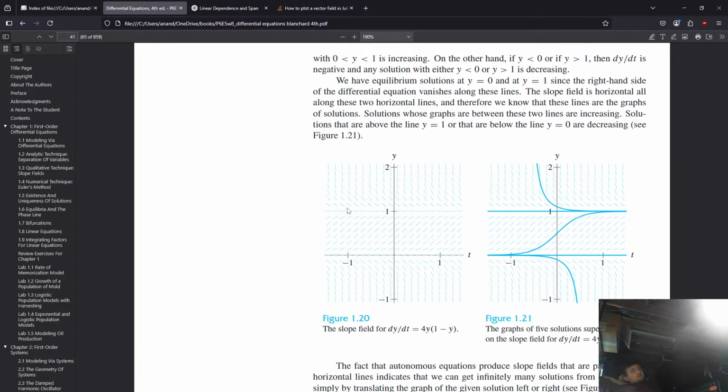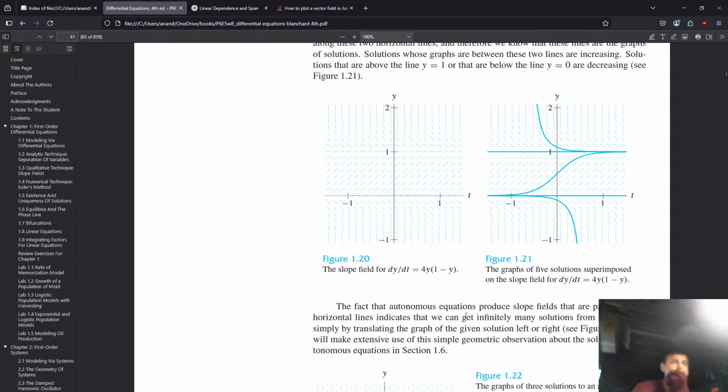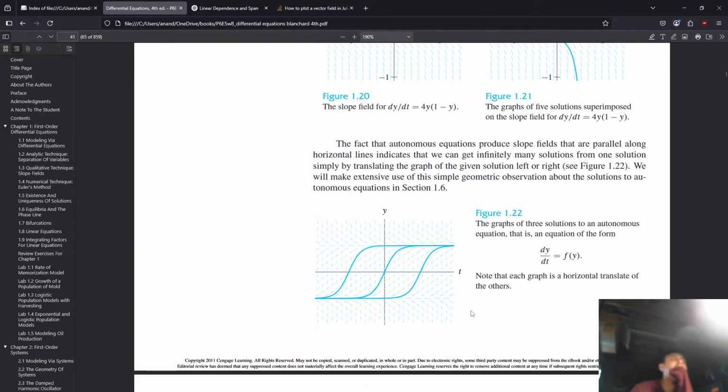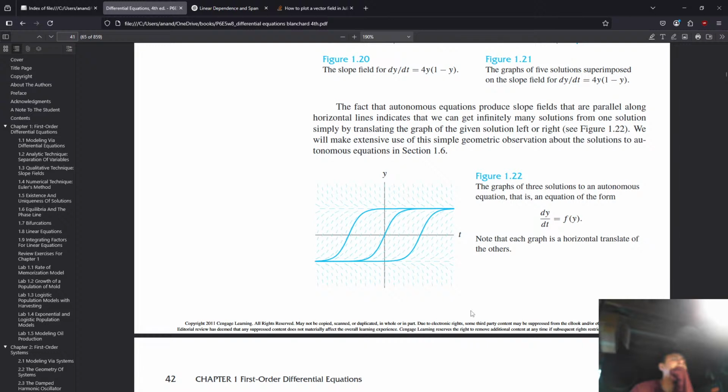That's cool. Oh. What a beautiful graph. What a cool graph. By translating to the left or right. Okay.